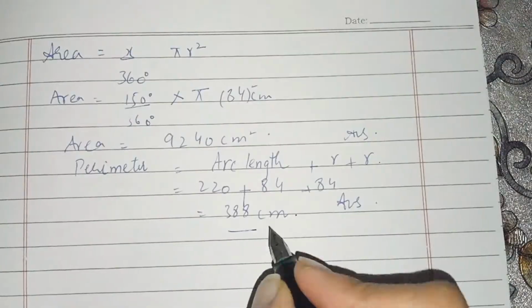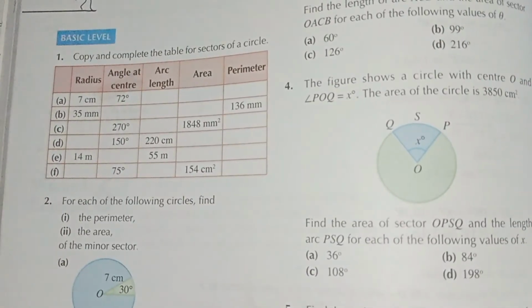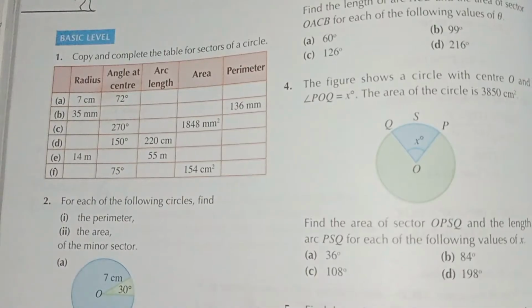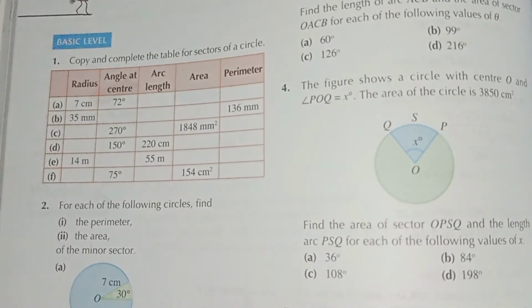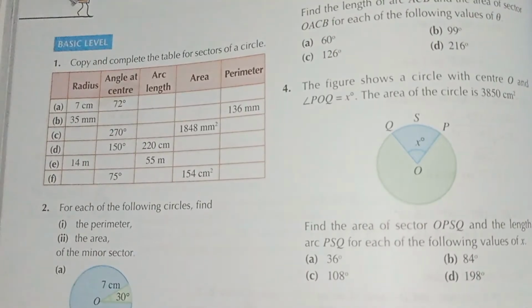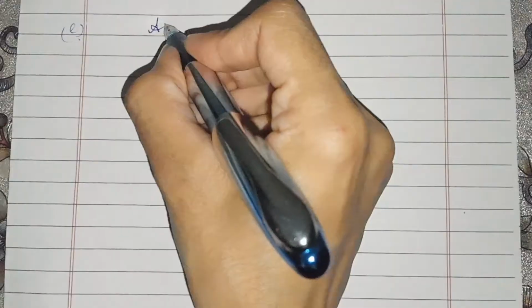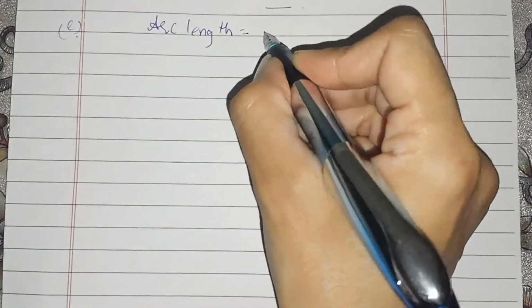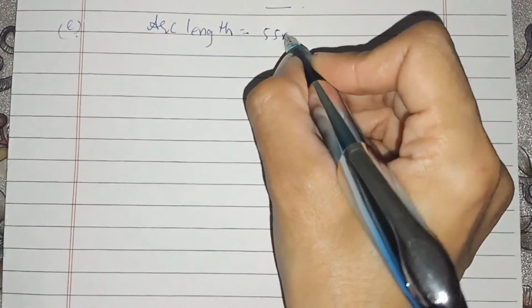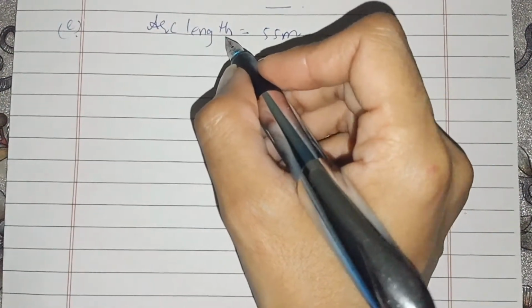Now it's solved. In E part, we have to find the angle of center, area and perimeter, and radius and arc length are given to us. Now students, part number E. Arc length is 55 centimeters, and first we have to find the angle of center.